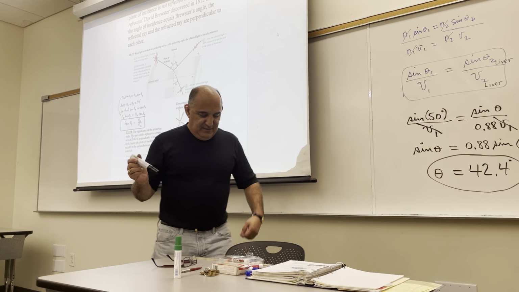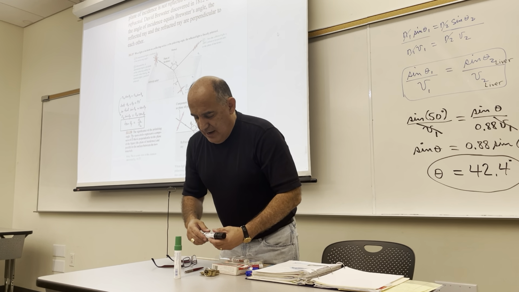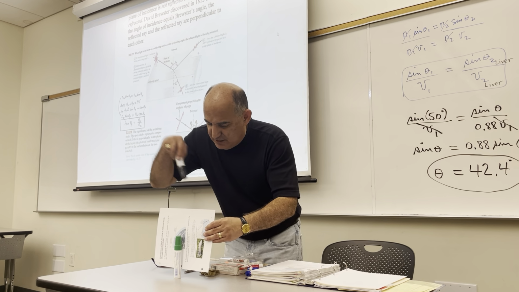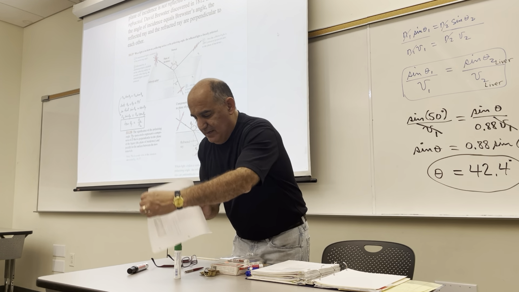The reflected ray and the refracted ray have to be in the same plane. It's called the plane of incidence. So you can imagine, if you like, there's a plane, right? And so the reflected ray is going to be in this plane, and the transmitted ray is also going to be in that plane. Anyway, there's this plane of incidence, right? All right.